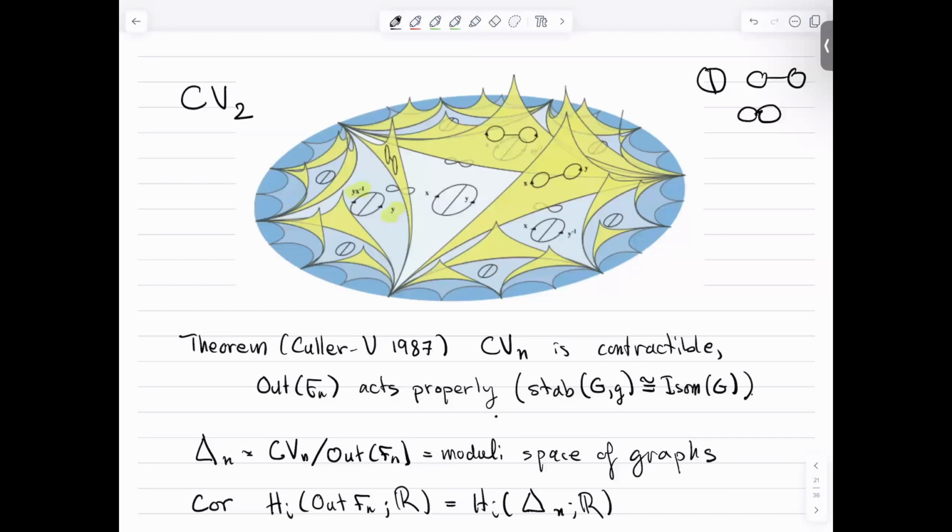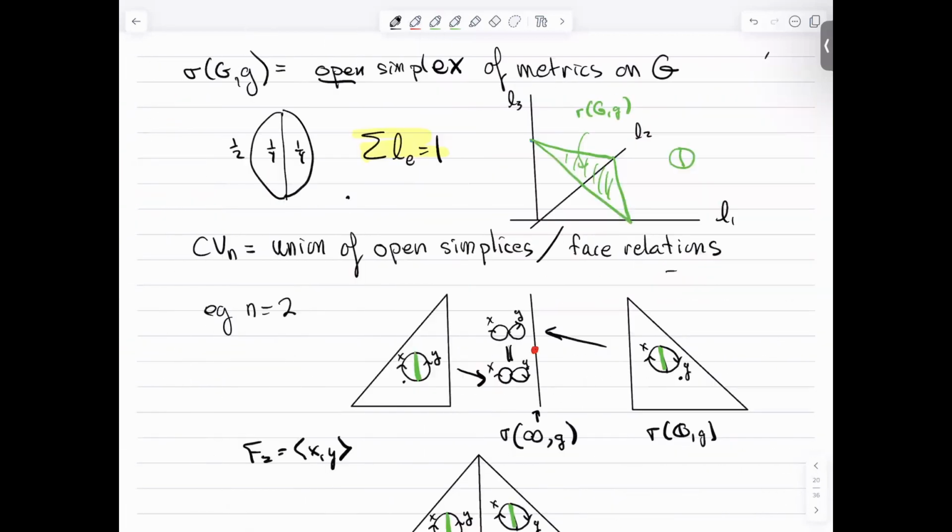If I collapse a loop, that's not going to happen. So, for instance, in this picture, I can collapse any one of the three edges and get a rose. But if I collapse two of the edges, I would go to a corner of this picture, and that collapses the fundamental group, so it's not actually in my space. So sigma of G is just the open simplex. Some of its faces are there and some of its faces aren't.